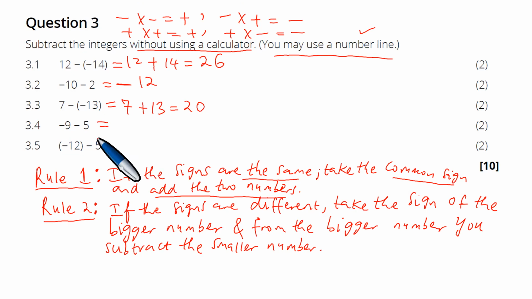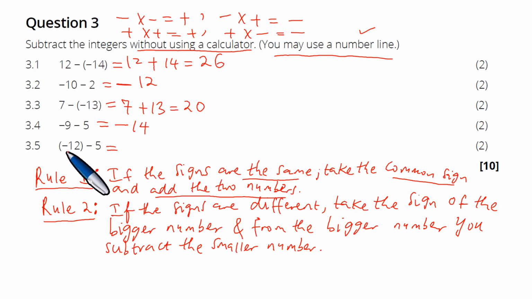In 3.4, the signs are the same. We said if the signs are the same, because the 9 is negative and the 5 is also negative, we take the common sign and then we add the two numbers. 9 plus 5 is 14. Next.